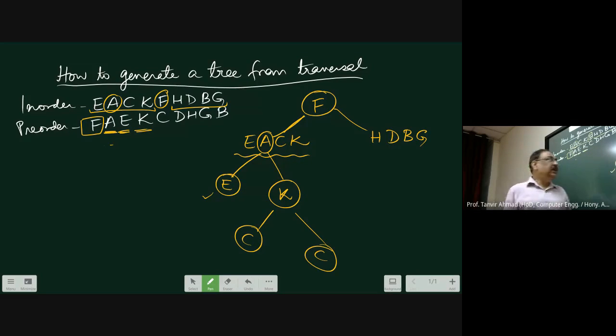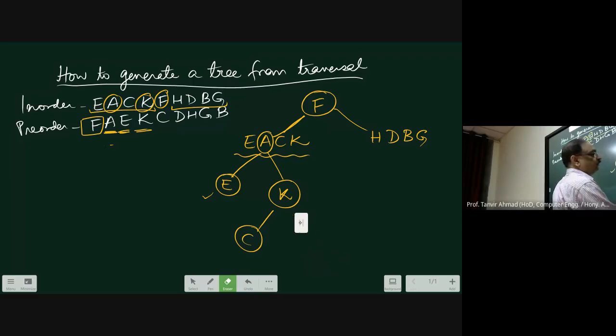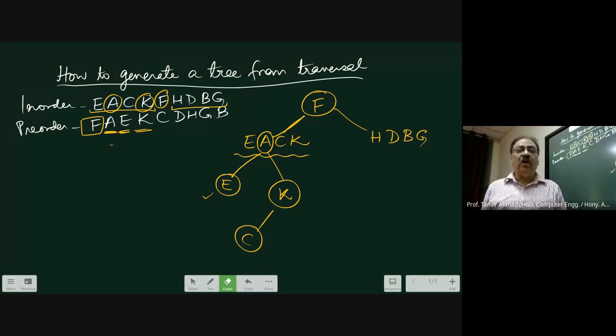But if you see the in-order traversal, you find that C is the left of K. That means the right side is not possible. C can only be in the left of K. But in the in-order, if it would have been K, C, then C would come on the right-hand side.